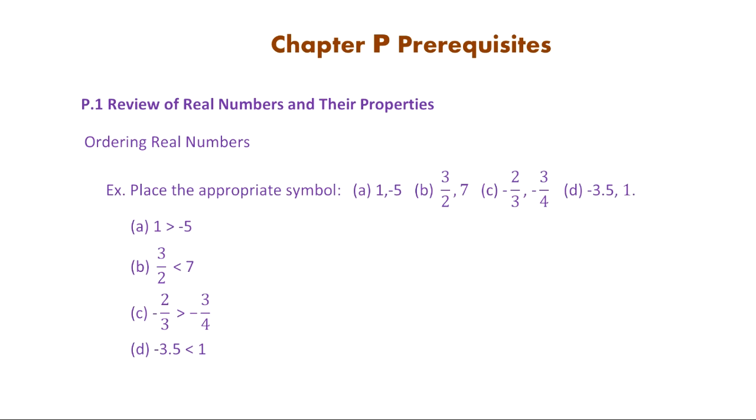Yes, you can convert to decimals: 2/3 is about 0.67 and 3/4 is 0.75. So 3/4 is greater than 2/3 in magnitude. But they are negative, so you put the negatives on both and reverse the inequality. You get negative 2/3 greater than negative 3/4.